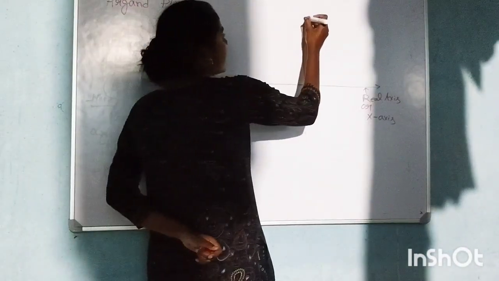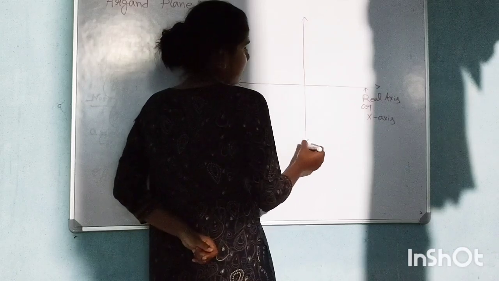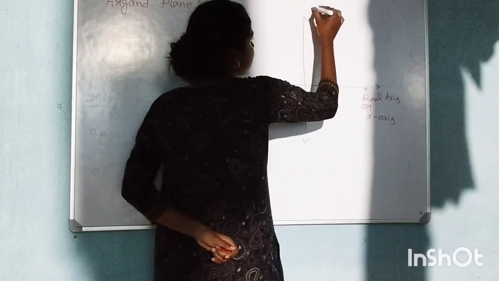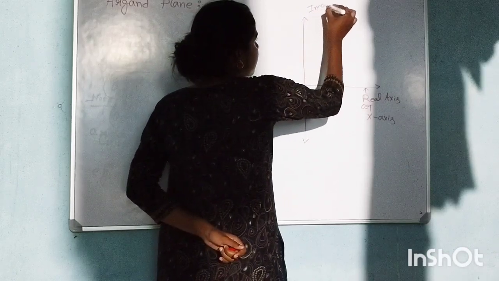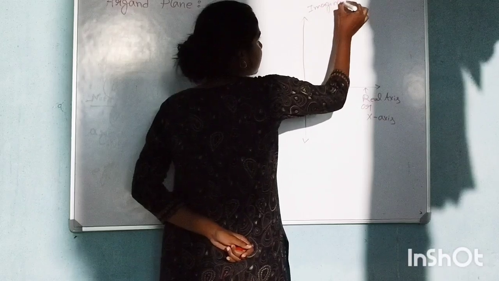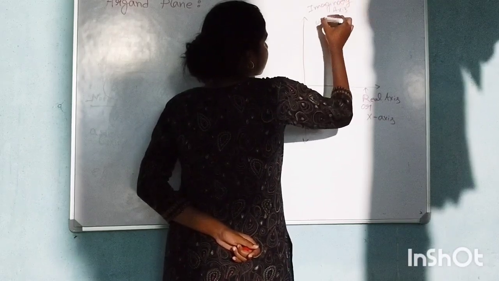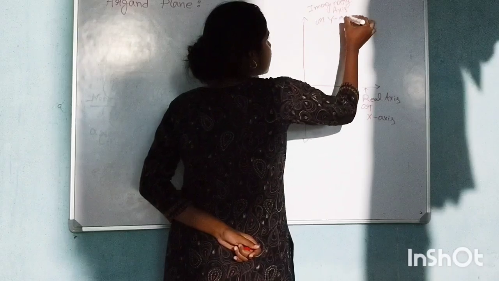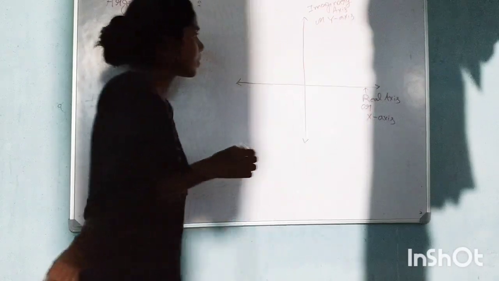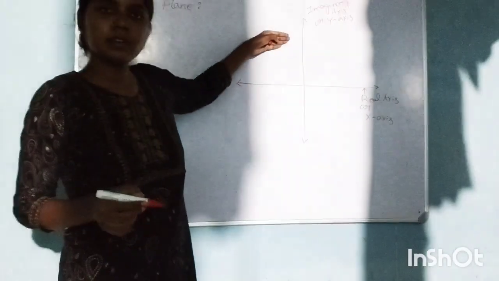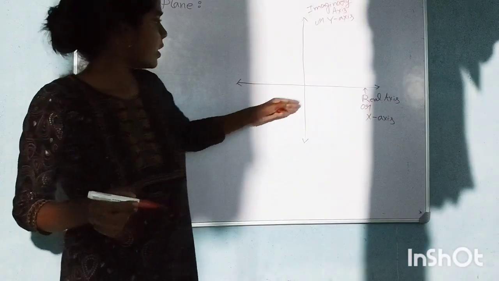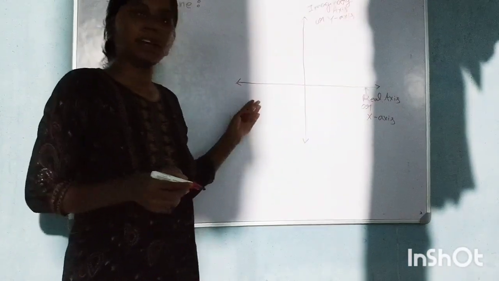And the vertical axis is called the imaginary axis, or y-axis. It is the same as the Cartesian plane. This is positive y, this is negative y. This is positive x, this is negative x.